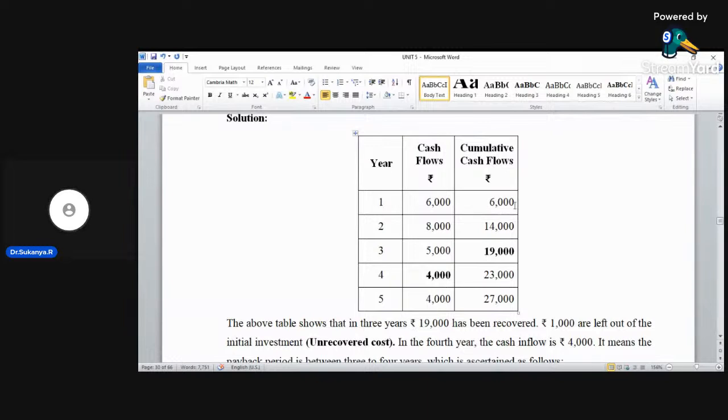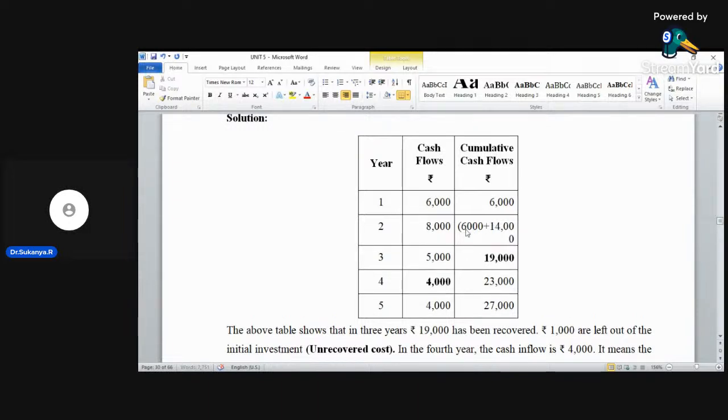See, first year, the cumulative cash inflow will be 6,000. Next year, it will be 6,000 plus 8,000, which comes to 14,000.